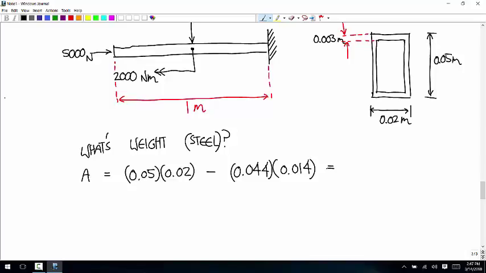So what's the area there? 384 square millimeters. Okay. And the whole length is a meter, so the volume is the area times the length, which is this many meters cubed.